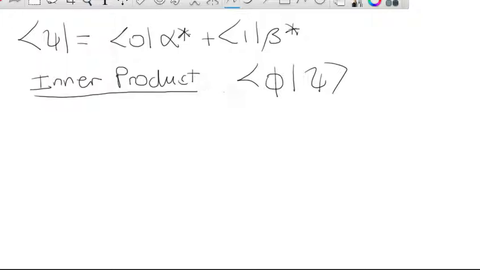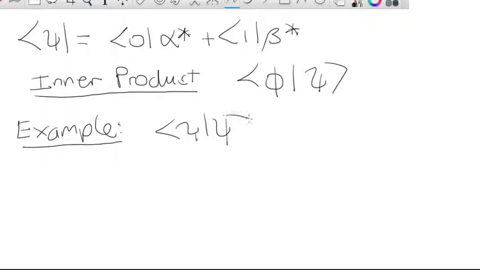Okay, so now let's actually look at an example. Example: calculate the inner product of psi with itself. Now remember, so we don't forget, psi we've defined previously as alpha 0 plus beta 1.